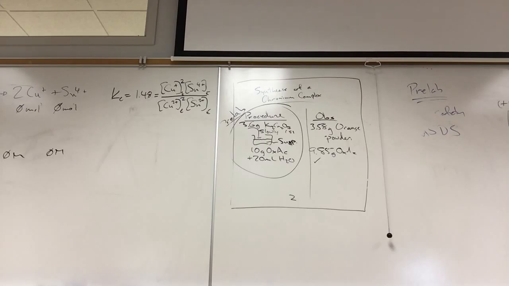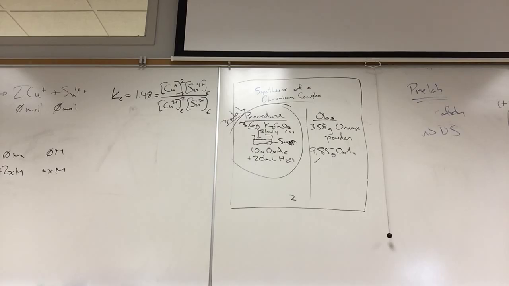The generic change is going to be minus 2x, minus x, and these are both molar. If I lose 2x coppers, I better gain 2x coppers over here. So this has got to be plus 2x molar, and the tin is going to be plus x. This stoichiometry works because I can't create or destroy atoms.